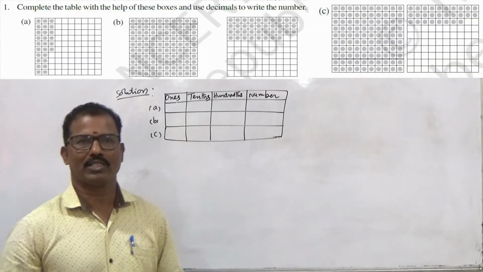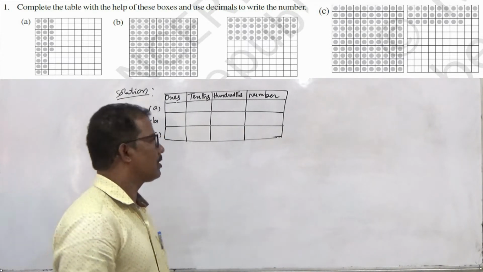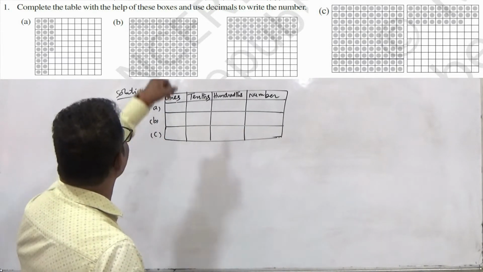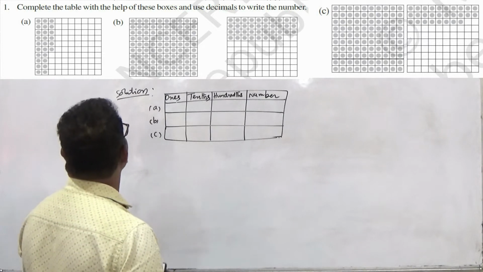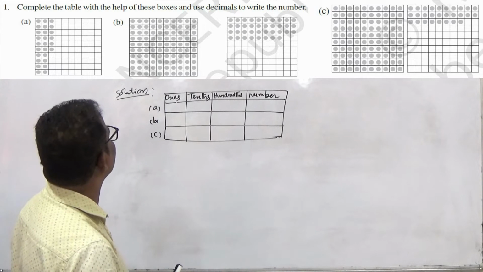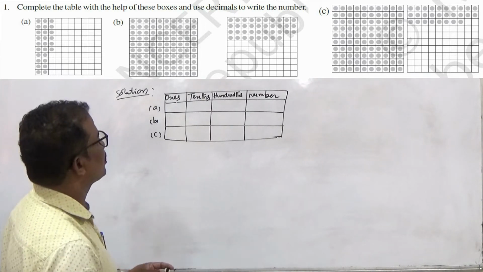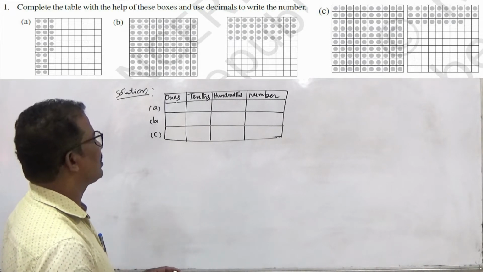Students, now we are going to see exercise 8.2 NCERT from the decimal chapter. In this exercise 8.2, you see the first question: complete the table with the help of these boxes and use decimals to write the number. In 3 questions, some boxes are given.